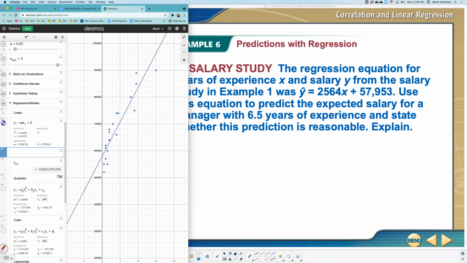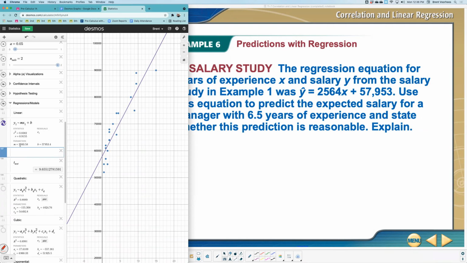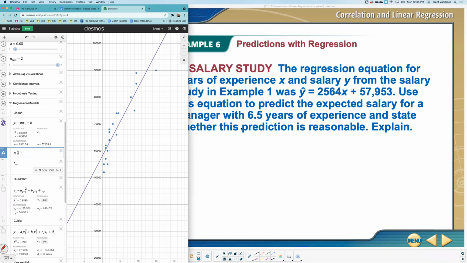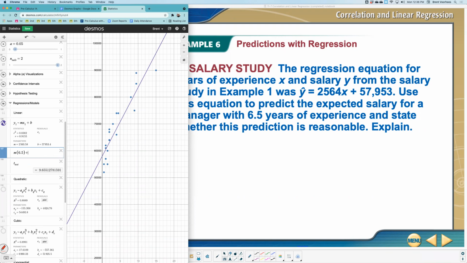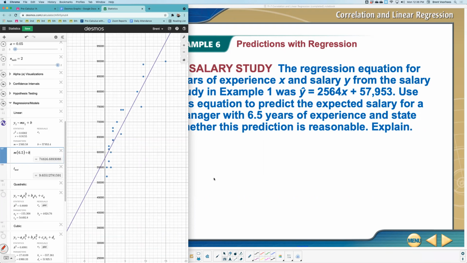And I believe, let me check this before I speak too soon, if we say Y1, because that says Y1 there, and you plug in 6.5, let's see, nope, that does not work. What I could do is use this M right there and say M times the 6.5 plus B, that's what they have here, would give me my exact value.